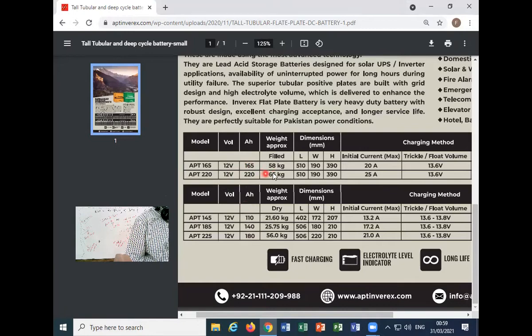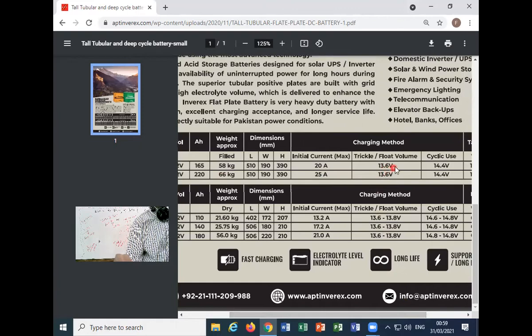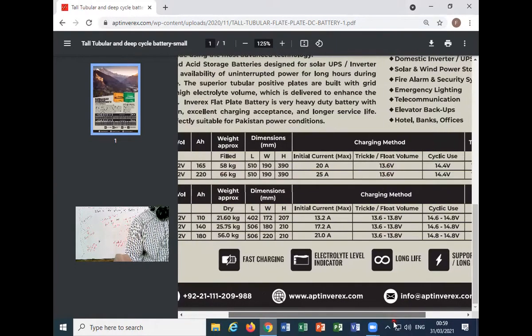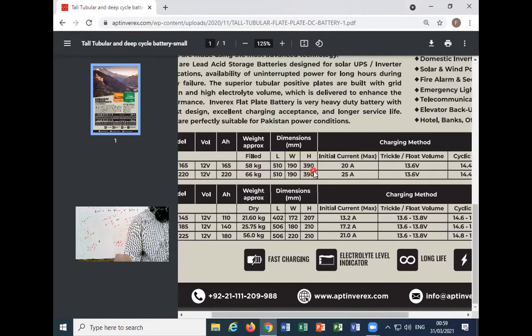Okay, and what is this? Their charging current is mentioned. Now they have mentioned their initial charging current, which is 20 ampere. And what is this? Trickle or float voltage, it is mentioned 13.6 volt. We are going to discuss this soon in part number 2, the battery charging technique. Okay, so this is 20 ampere.